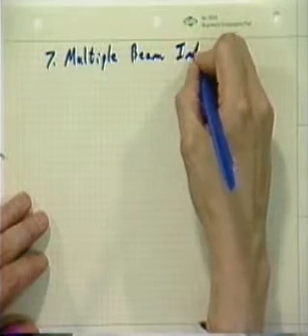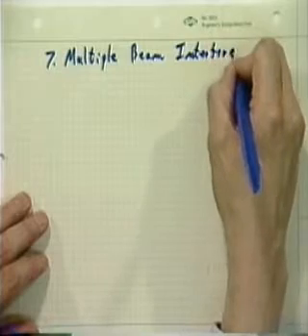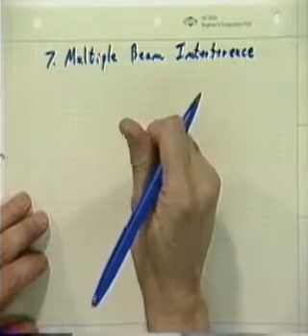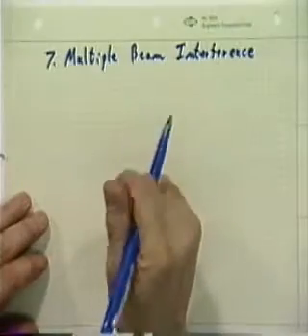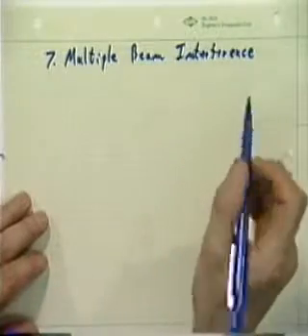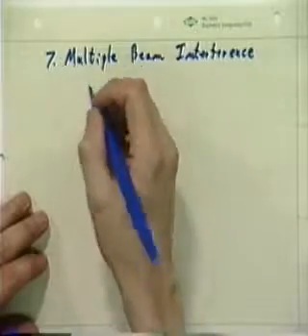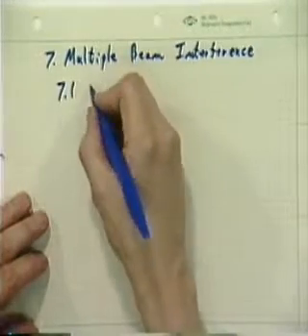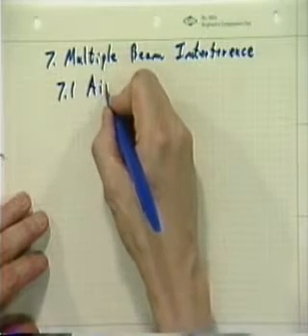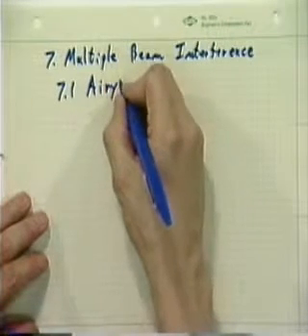And again, a lot of good references on this. Certainly Hecht's book, Born and Wolf, and a million other ones. This is covered in a lot of different textbooks. 7.1 is what we're going to call Airy's formula. A-I-R-Y.